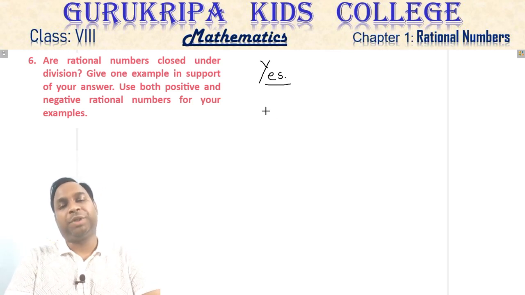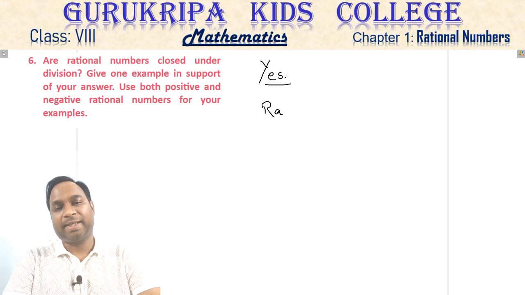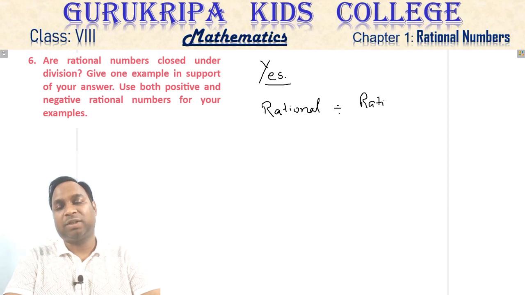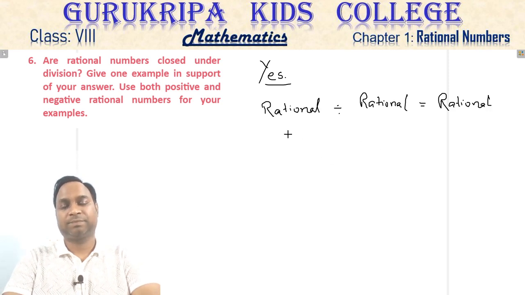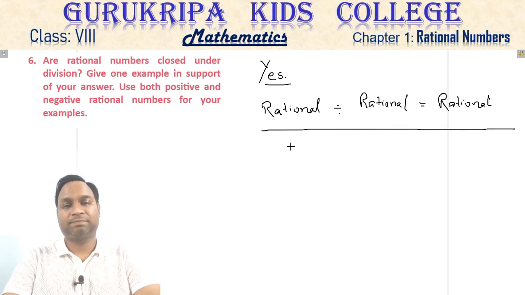What does it mean? If you divide one rational number by another rational number, what will you get? You will get another rational number only, nothing else will come out. Okay. Take one example.